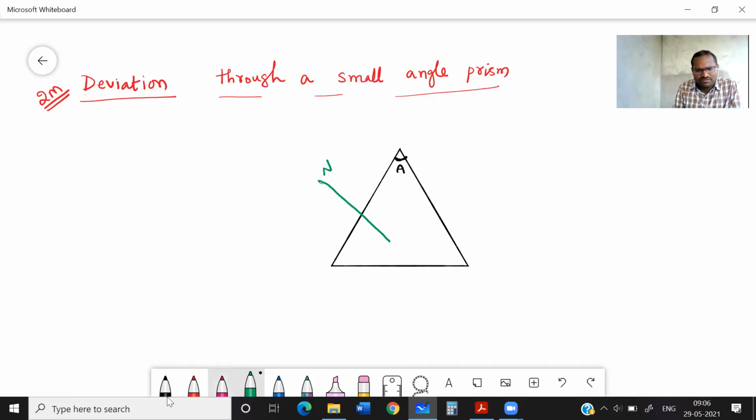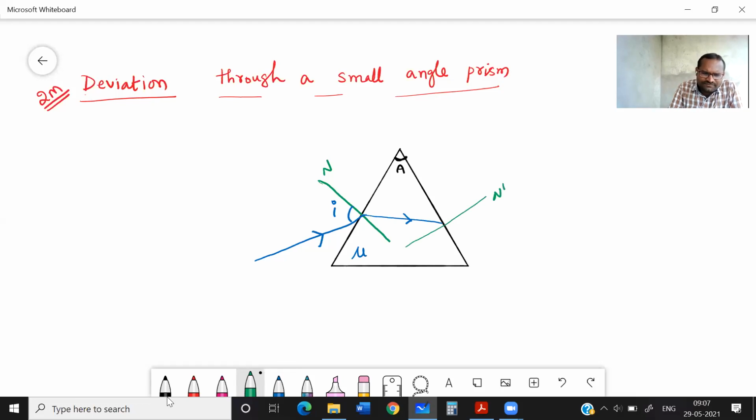Now let us make one ray incident on this refracting surface like this, with some angle of incidence I. After refraction, the ray will bend towards the normal because its refractive index is mu, something. Instead of going straight, it will bend towards the normal, like this. Then at the second refracting surface, draw one more normal, N dash.